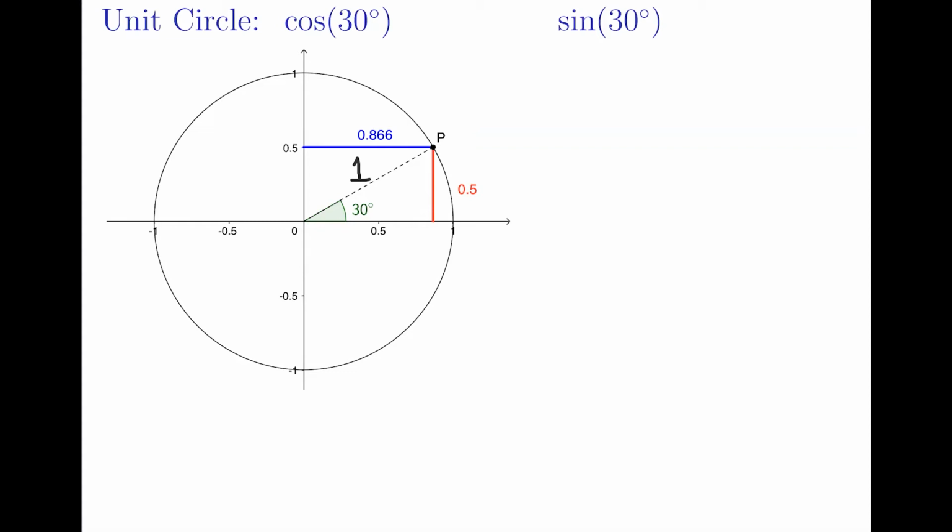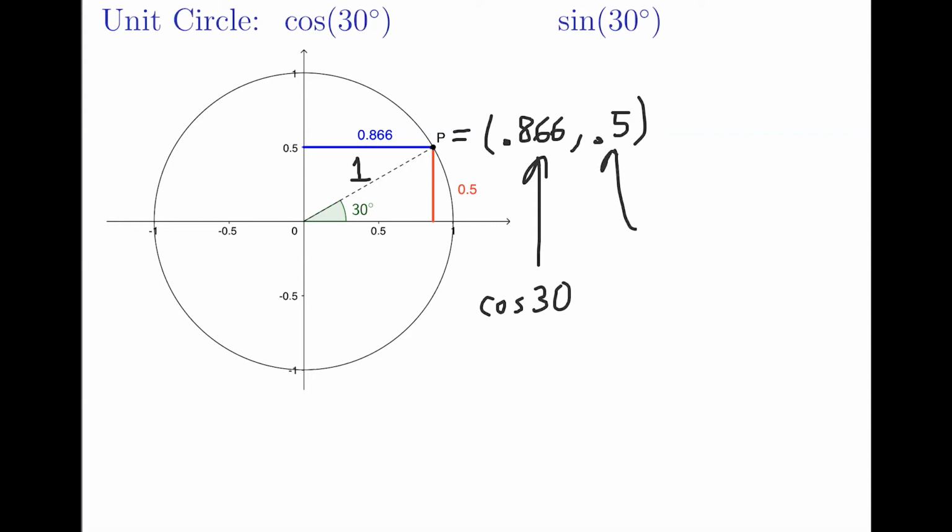And in fact, what we've really done is we've created a point, and the coordinates of our point are exactly the numbers that you see here. So the x-coordinate is 0.866, the y-coordinate is 0.5, and so the idea is the x-coordinate is actually the cosine of our angle, and the y-coordinate is the sine of our angle.